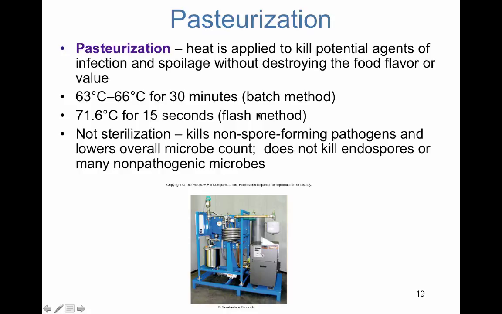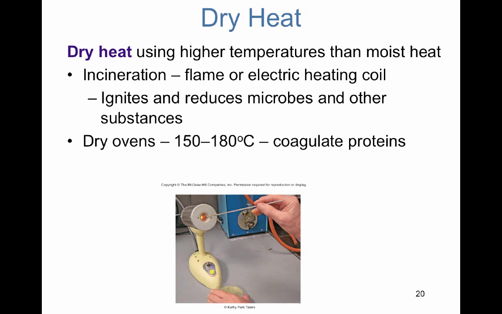And similar to boiling, this is not a form of sterilization. So it will solely kill the non-spore forming pathogens, lowers the overall microbe count, but will not target endospores or many non-pathogenic microbes.